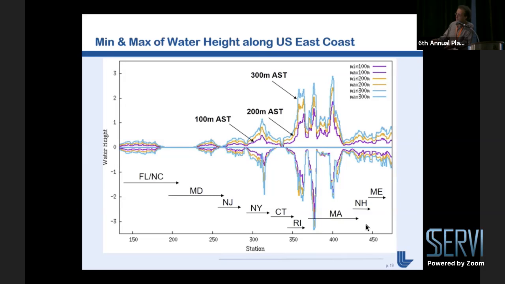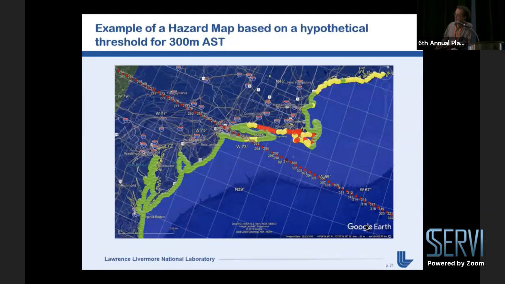If you put a 400 meter diameter, the water wave will not be much higher than 300 meters. So there's a diminution in the ratio between the waves. If you take this as a threshold, you can generate a hazard map. The green are safe, the yellow are an alarm, and the red you have to evacuate, and you can produce those as much as you want.